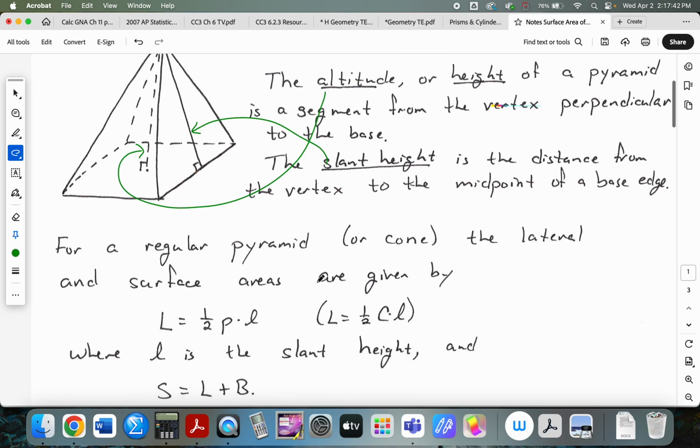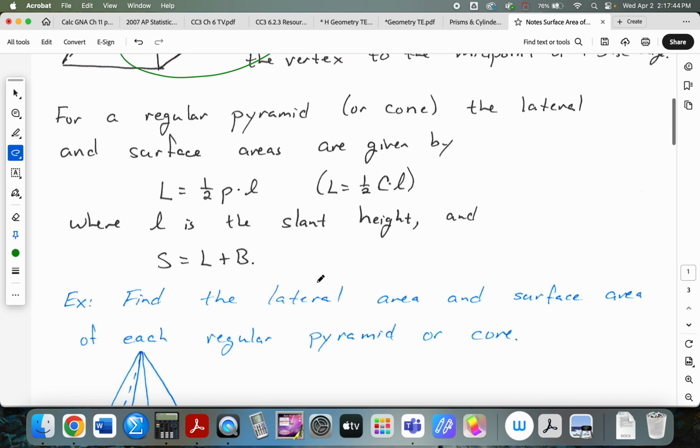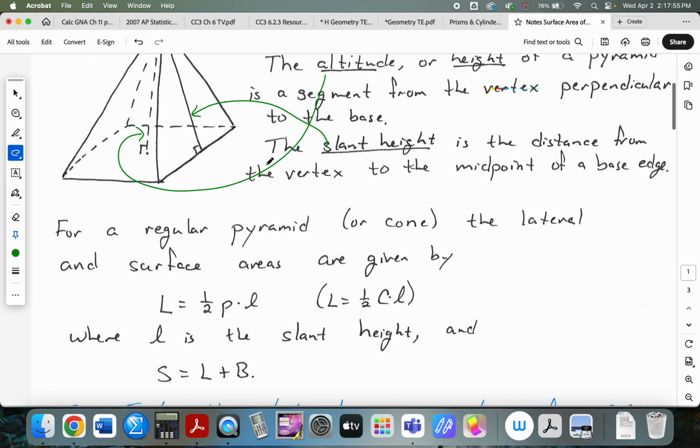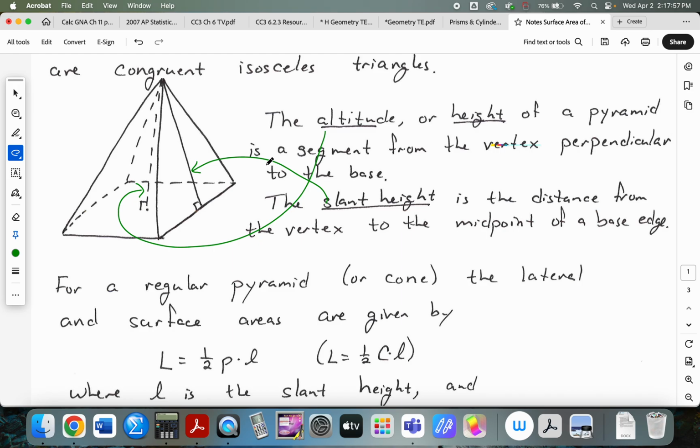So, for a regular pyramid or for a cone, the lateral and surface areas are given by these formulas. The lateral area is 1/2 perimeter times the slant height. Now, with a prism, it was perimeter times height, but the reason we have to use slant height is because the sides don't go straight up and down. They lean over. So we have to use the slant height.